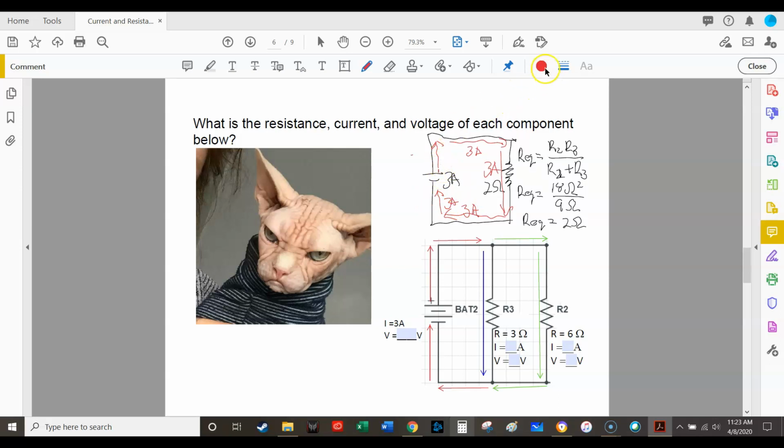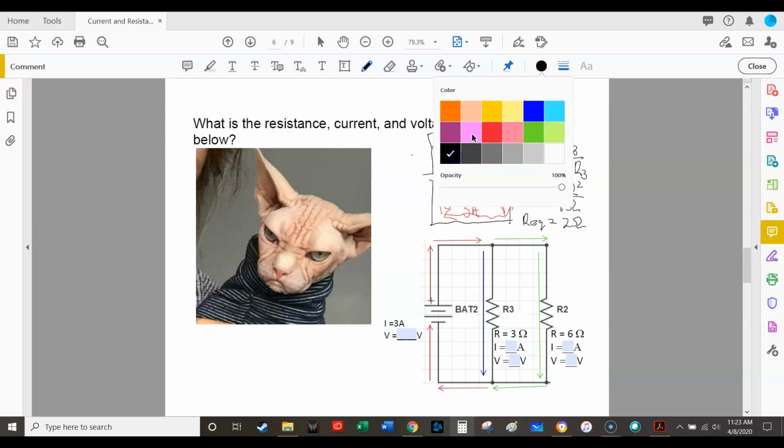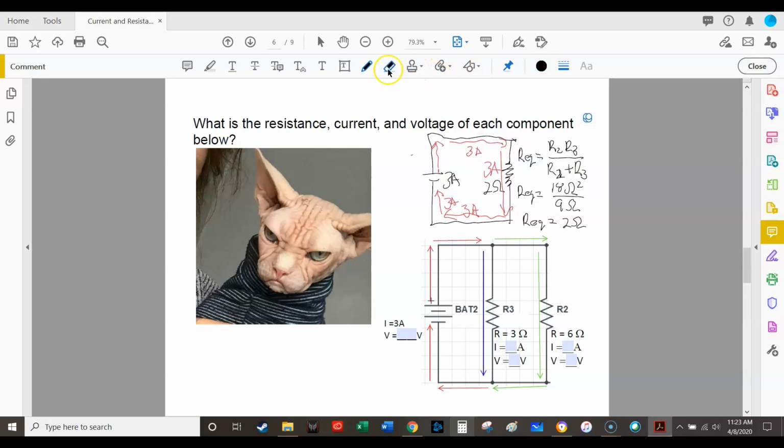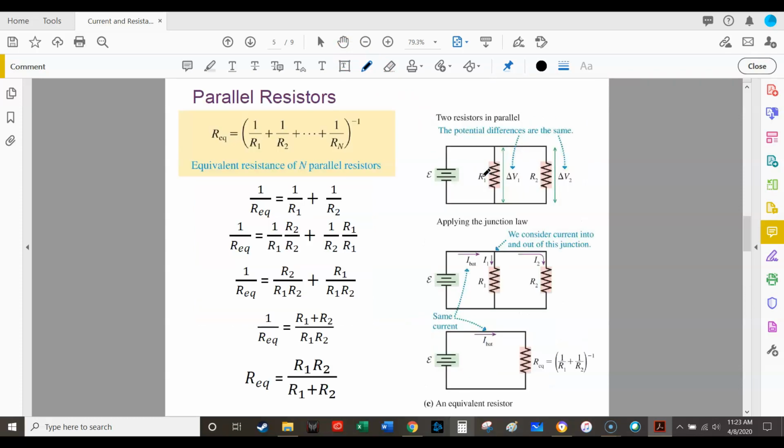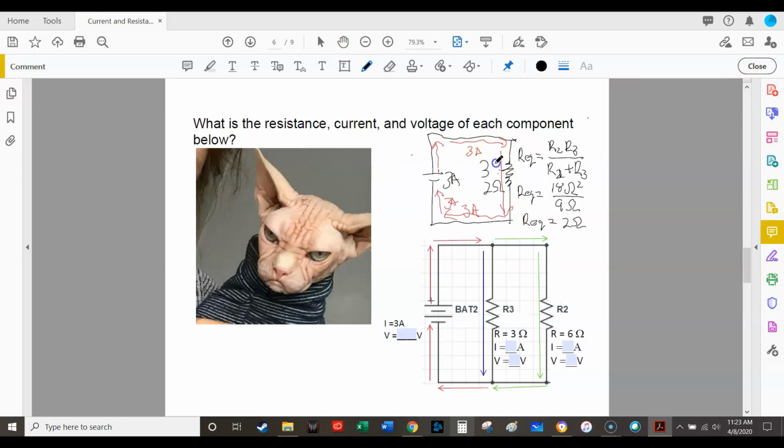So what that means is that our resistor is getting 3 amps. And now we could calculate the voltage.